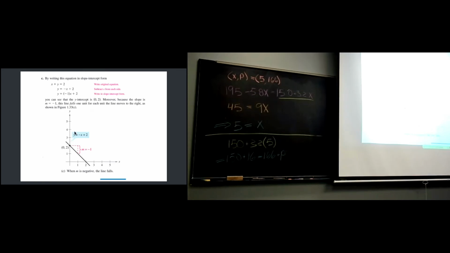And finally, that last equation, once we rewrite it, we're going to get a slope of -1 and a y-intercept of 0, 2, which is in fact what we see. We intercept the y-axis at 0, 2, and we have a slope of -1. So for every unit over we go 1 unit down.